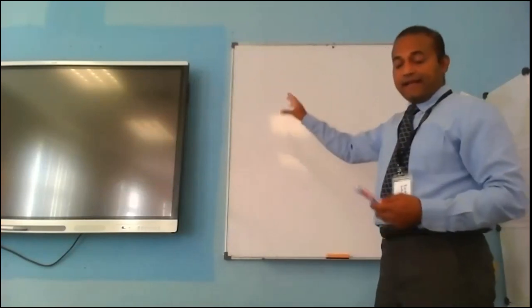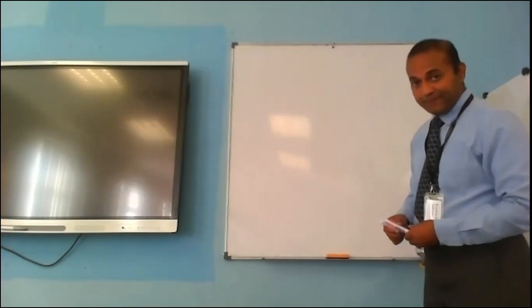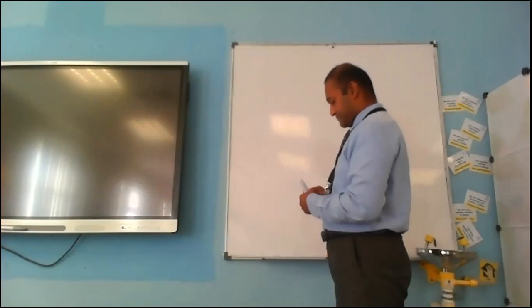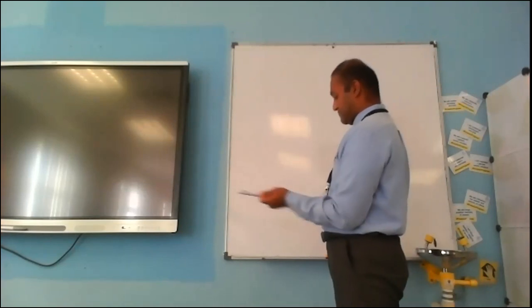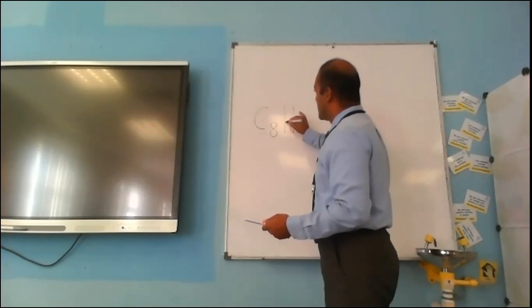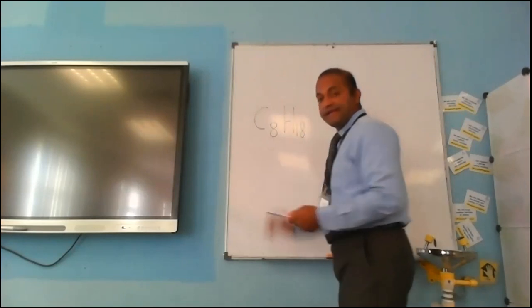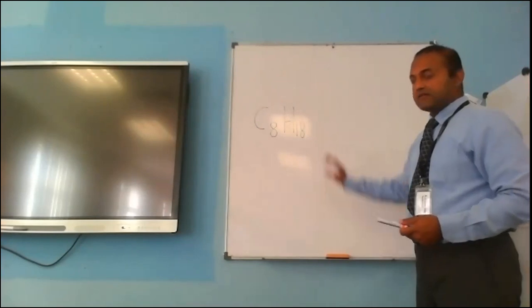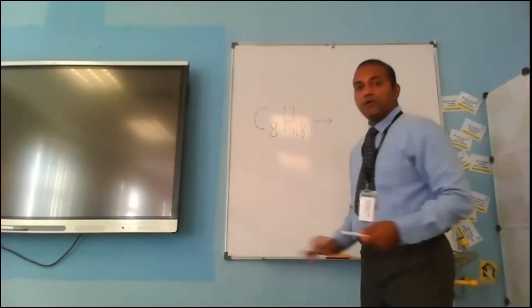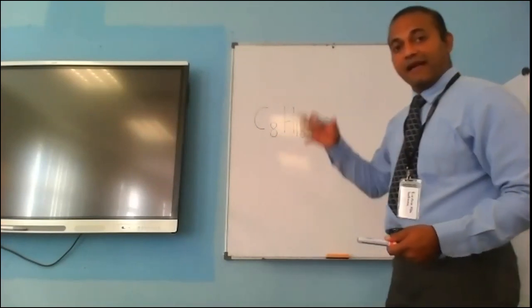So when we have any large hydrocarbon, an example, let's say we have octane, C8H18. This octane will break to become one alkene and another alkane.